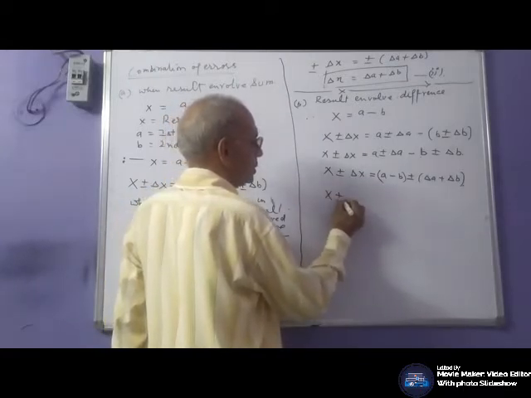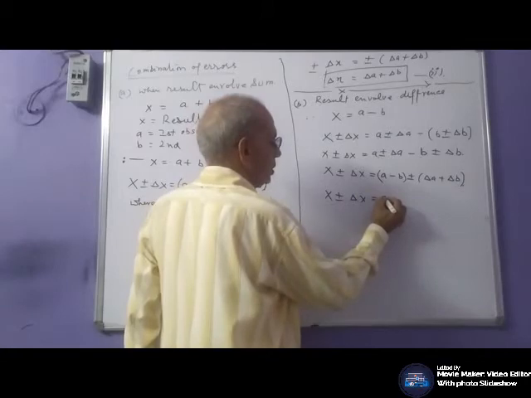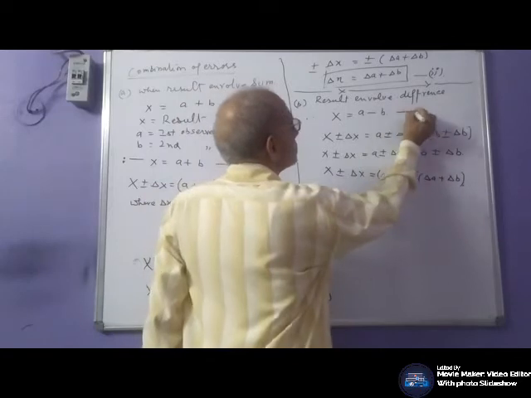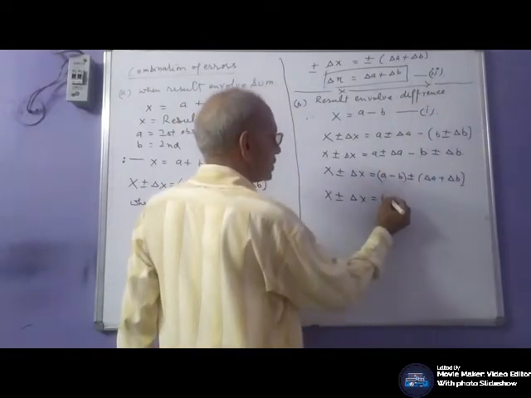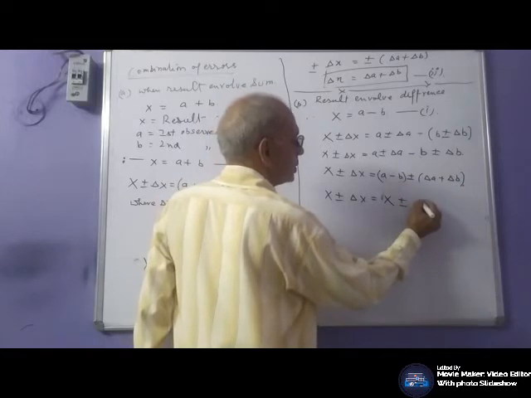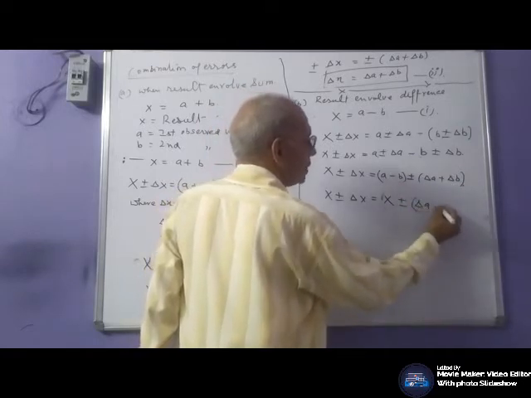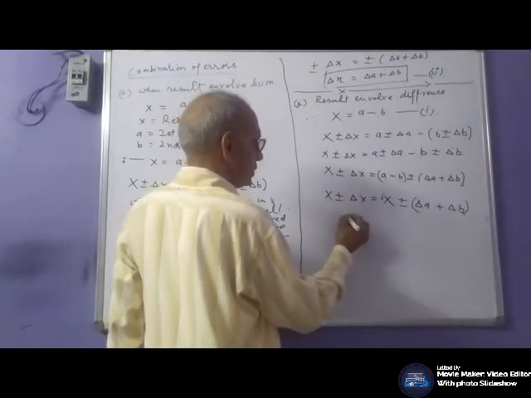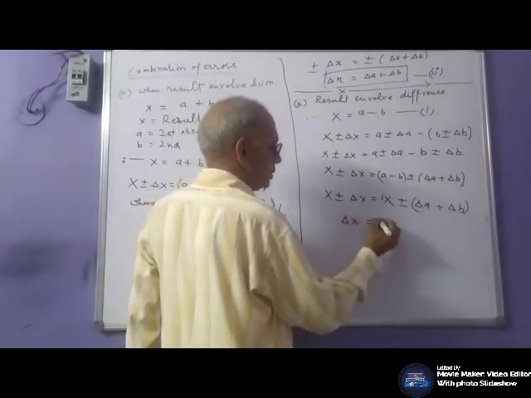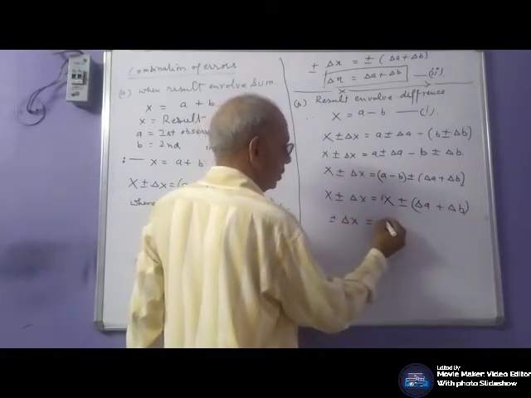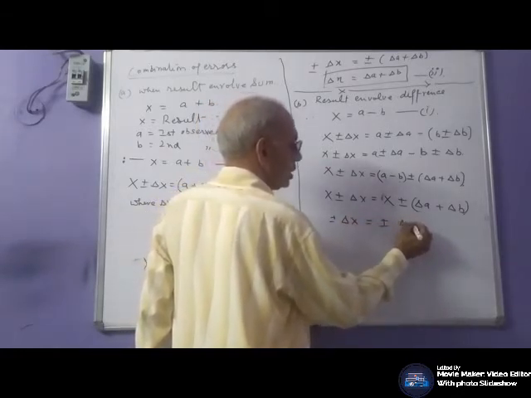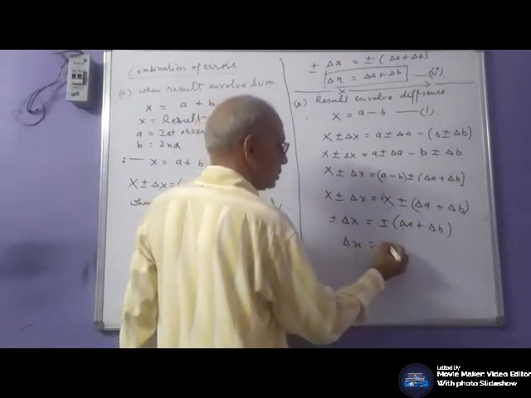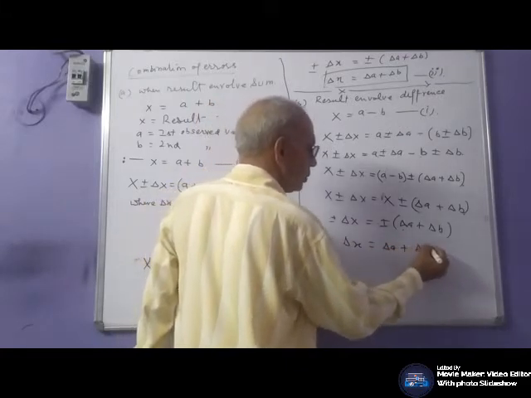X plus minus delta x, a minus b is what? It is x. This is first. It is x plus minus delta a delta b. X goes with x, so delta x is what? Plus minus delta a delta b, or delta x is delta a plus delta b.